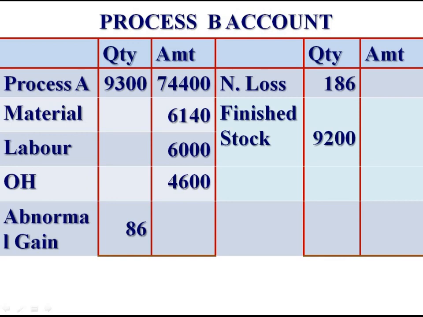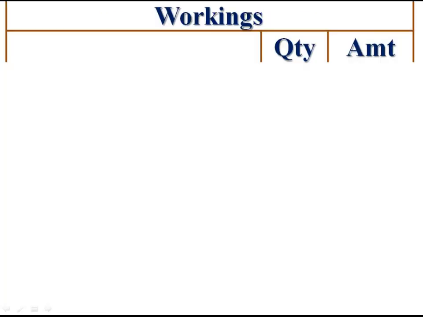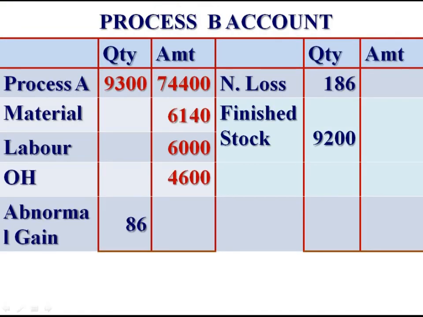Then we have to find the value of output and abnormal gain. Workings to find out the normal cost per unit of process B. In process B account, debit side, the quantity excluding abnormal gain is 9,300 units. Amount 74,400 plus 6,140 plus 6,000 plus 4,600, 91,140.